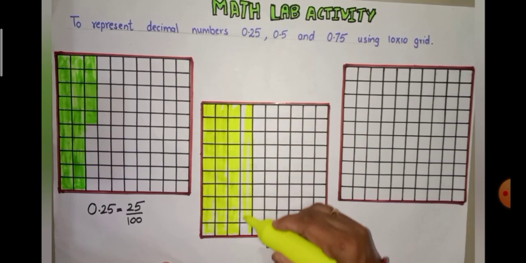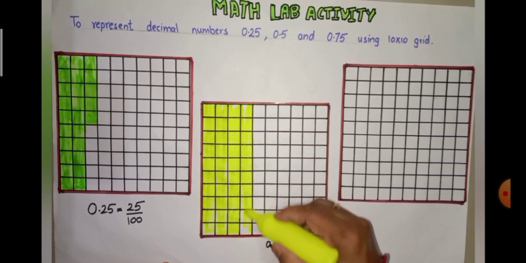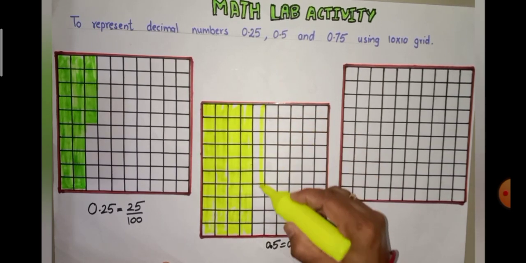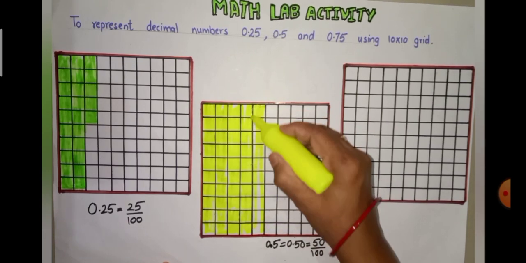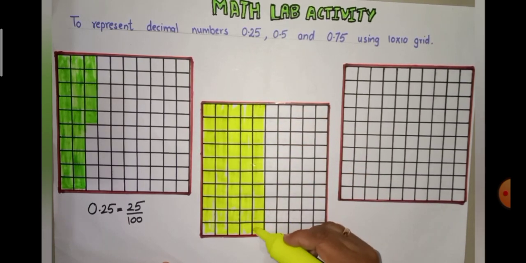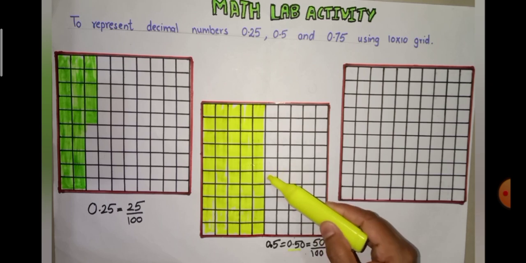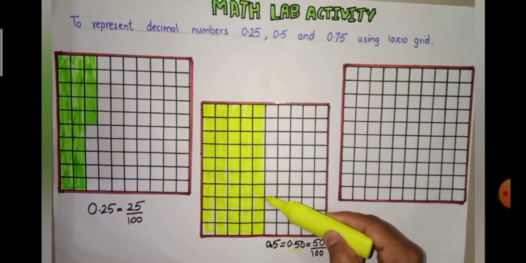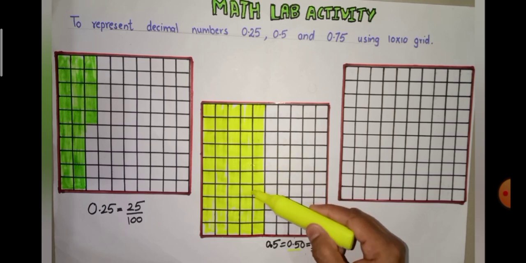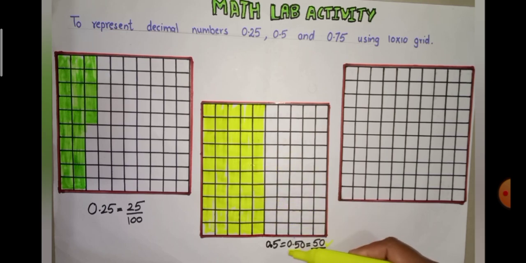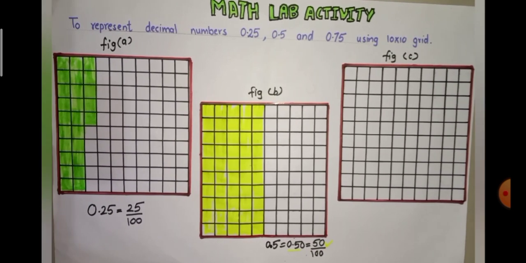Then the next 10, this will become 40 squares, and last we will shade 10 more squares, so this will make 50 squares out of 100. Here, children, these 50 squares out of 100 represent the decimal number 0.50. So here I have shown you how to represent 0.5 or 0.50 on a 10 by 10 grid.